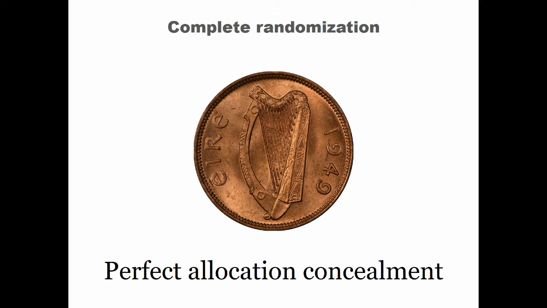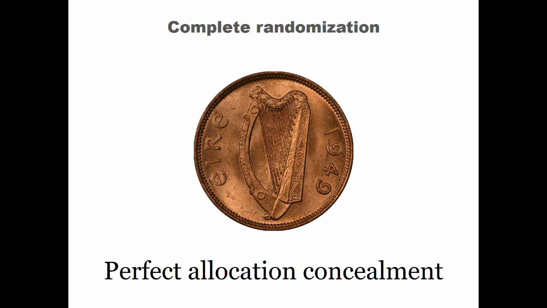There's no way for you to systematically predict what the next coin flip will be. If I tell you heads or tails and I flip the coin, you will guess. Sometimes you will be wrong. Sometimes you will be right. That will happen 50% of the time over a long series of guesses. But there's no systematic way for you to beat the 50-50. Right? You can get lucky for small stretches, but that's it. So that's complete randomization. It gets you perfect allocation concealment.